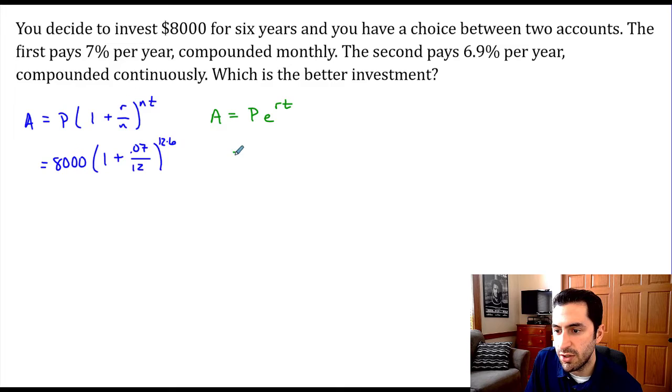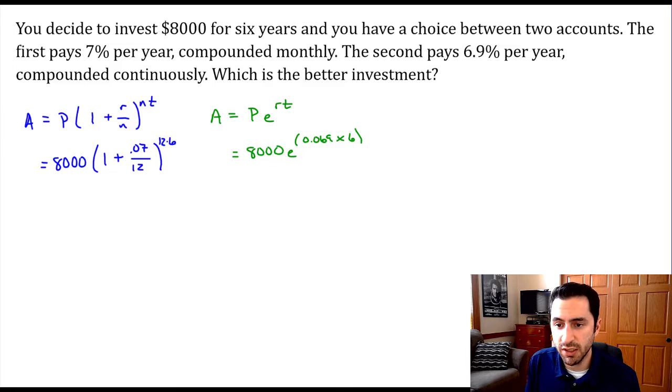In our second equation, we have the same principal of $8,000, and then e raised to the power of our rate, 6.9%, that's the same as 0.069, and then we'll multiply that by the time, which is 6 years again.